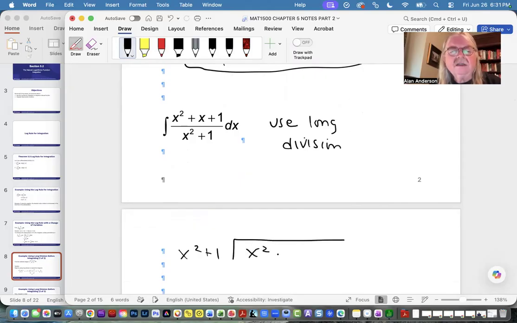How does that work? Well, I need something in the top, which when multiplied by x squared plus 1, lets me eliminate that x squared over here. So I'm going to go with, how about 1? I can't multiply by x because that would make the degree too high. So I'll put a 1 here.